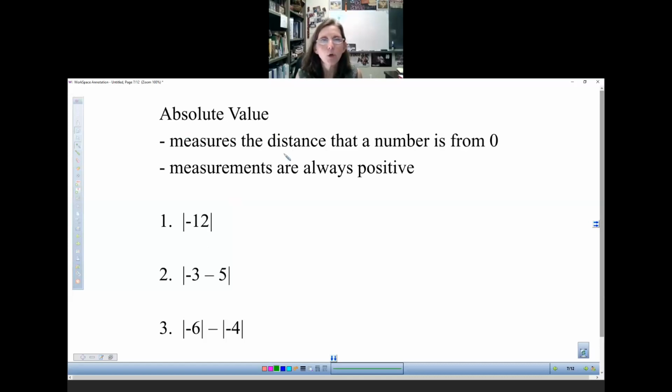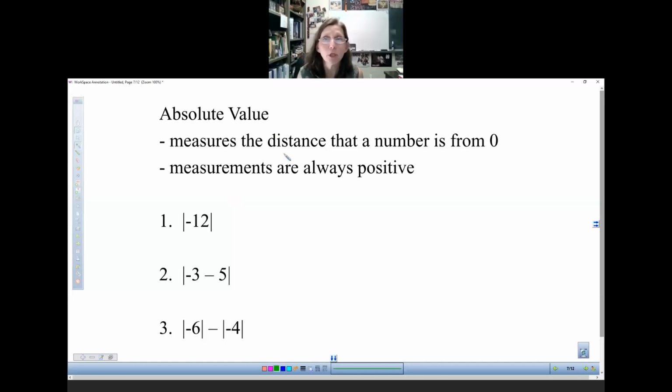So if I were traveling from my house to Jackson, for example, I would travel a couple of 100 miles. Well, when I turn around and travel back from Jackson to my house, I don't go a negative distance. I still am traveling that same positive distance. So distance is always a positive number.